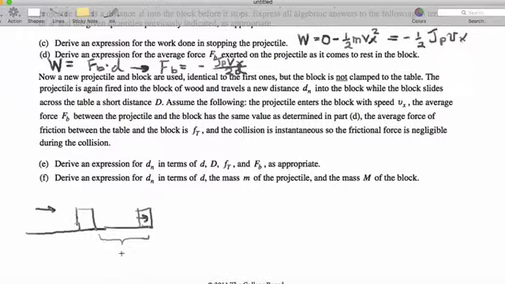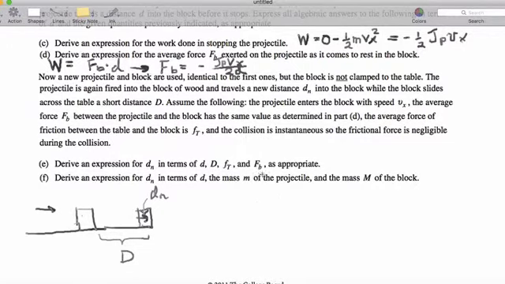This distance is capital D. This distance that it embeds itself into the block is little d. Everything else being equal, let's try to solve for some things. First, we want to get d in terms of all these different variables. Let's see what we can do.